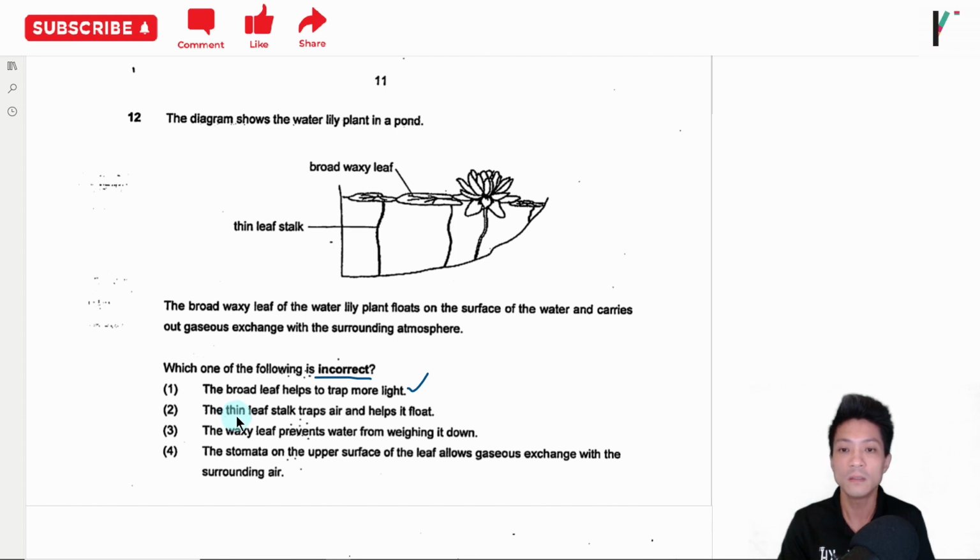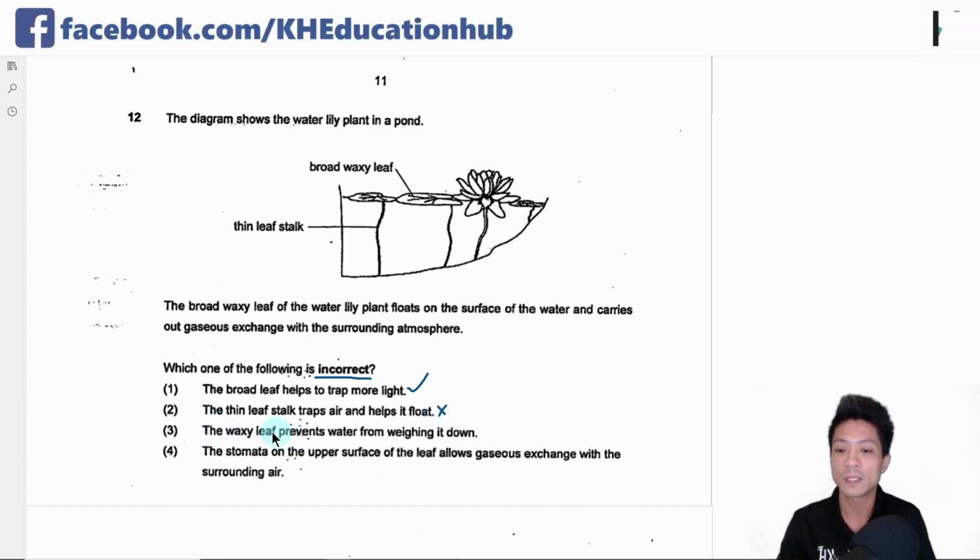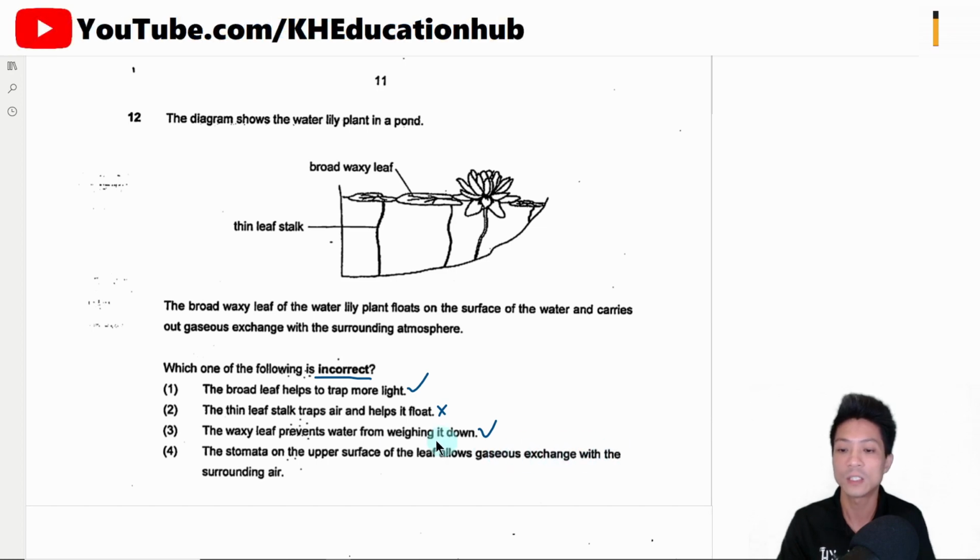The thin leaf stalk helps traps air and helps it float. Probably wrong. Waxy leaf prevents water from weighing down. Yup, because water will glide off it. The stomata on the upper surface of the leaf allows gaseous exchange with the surrounding air. Yup, so the answer will be number 2, which is the incorrect one.